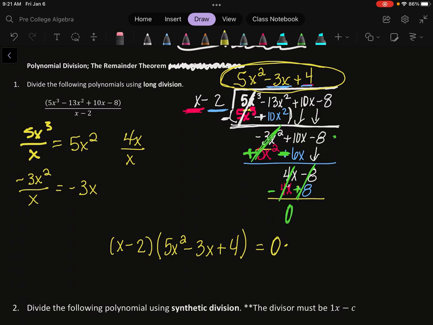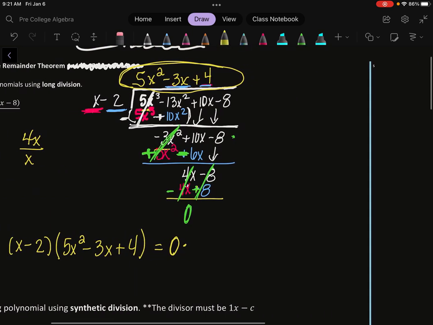I don't like that notation, but when I was making your homework, I said, well, I'm going to have to show them that that's what the computer wants. Typically, what we do is we have 5x squared minus 3x plus 4 plus 0 over the divisor of x minus 2.